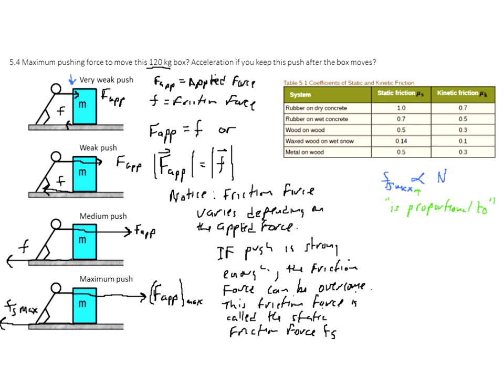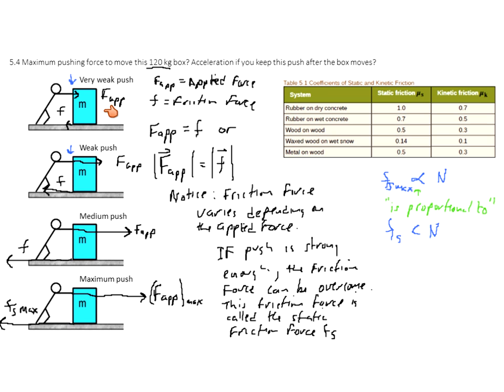We also notice that sometimes the static friction force is less than the normal force. So in this first case, for example, or this second case, the normal force didn't change from the first case to the second case.